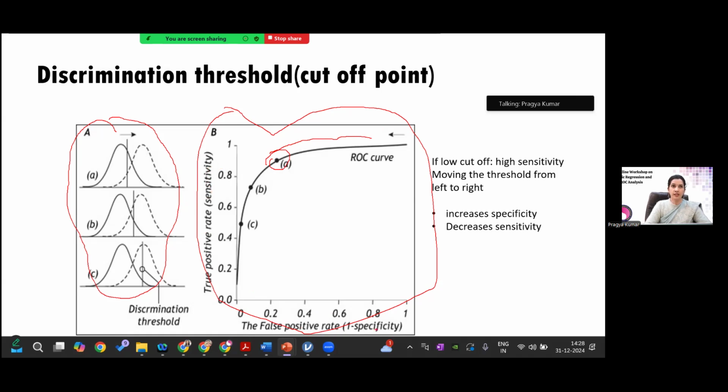So if you set the cutoff low, then you increase the sensitivity and you decrease the specificity. And if you move the threshold from left to right, as in this case, there is an increase in specificity and a decrease in sensitivity.